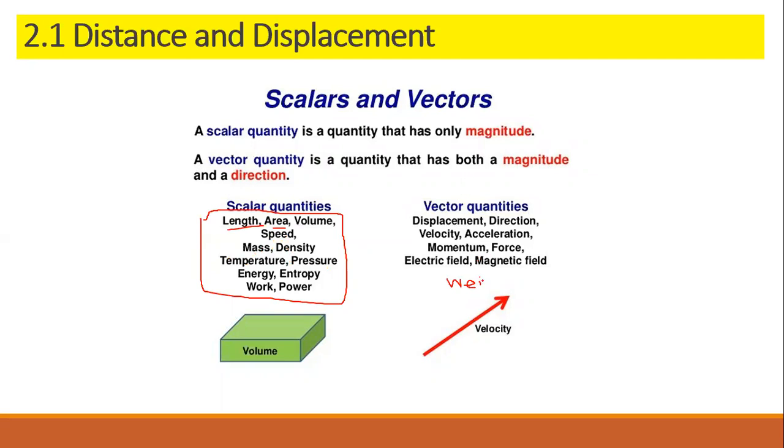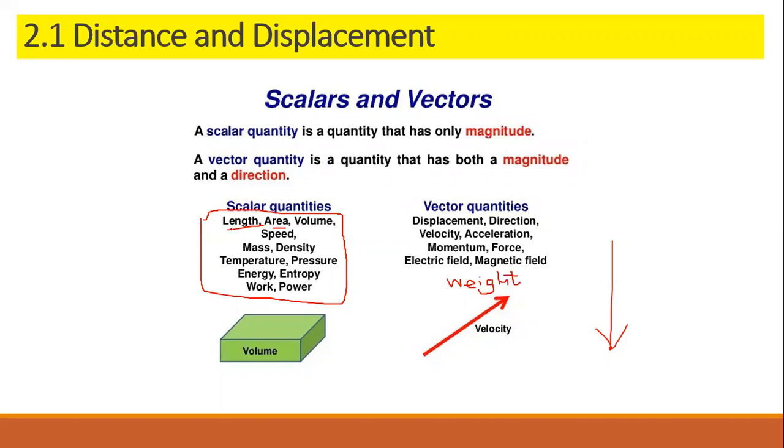Weight is always in the downward direction due to the gravity of the earth. We never say weight is in the upward direction. So mass doesn't have a direction, but weight has a direction.